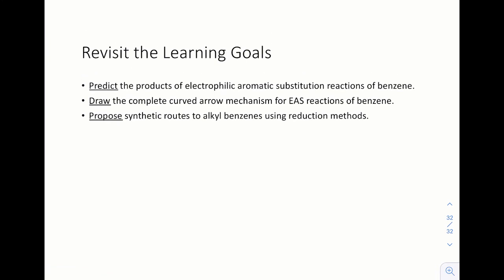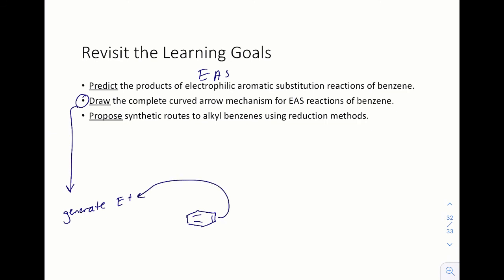Consider whether or not you have achieved the learning goals so you can predict the products of electrophilic aromatic substitution reactions. Draw the complete curved arrow mechanisms for these reactions. Really, the only tricky part should be generating the superelectrophile because that differs slightly from reaction to reaction. But then from that point, it's the same thing over and over, and I know that you all can do it.